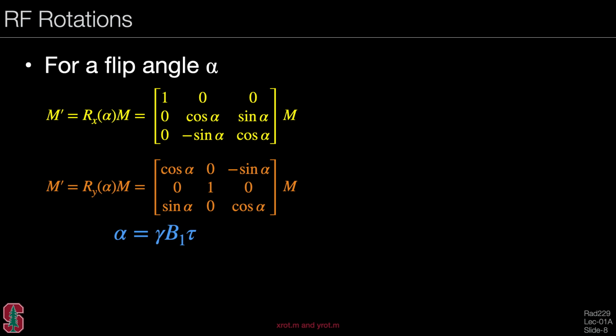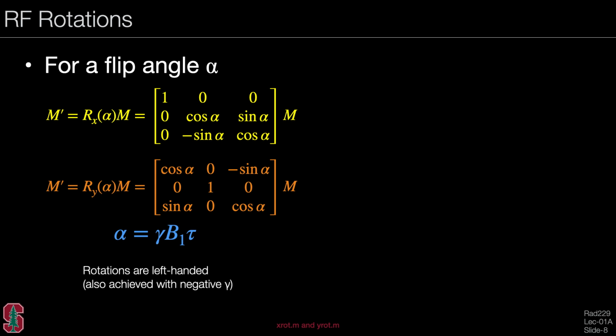You see where the 1 is with zeros across and zeros down in the matrix, and this indicates the rotation is about Mx. And down here, the orange matrix shows a rotation about My. Now the rotation angle is the gyromagnetic ratio times the B1 field times the duration of the RF pulse, and in this case alpha is in radians.